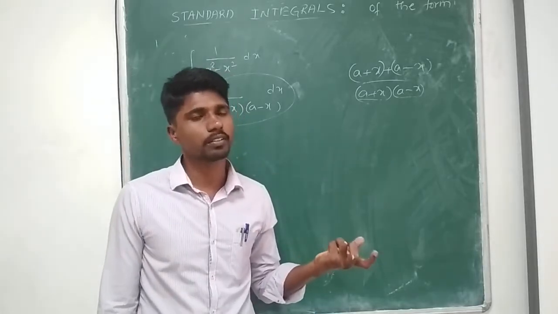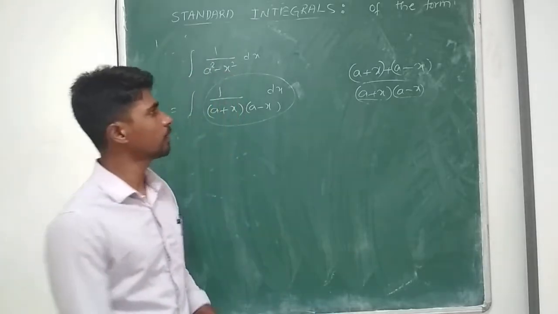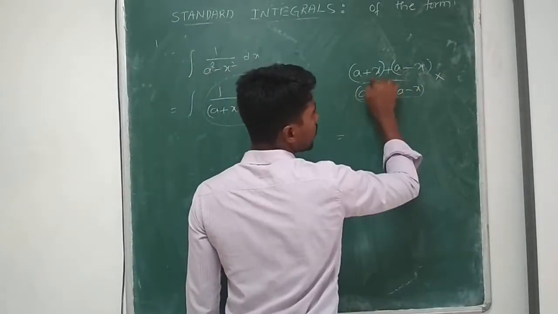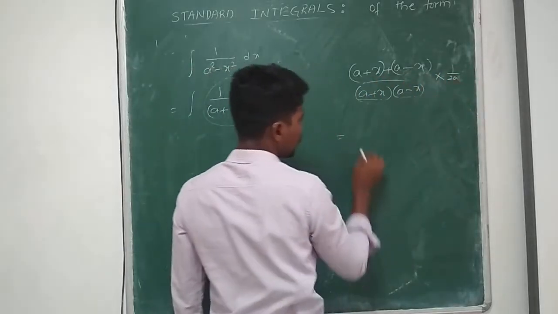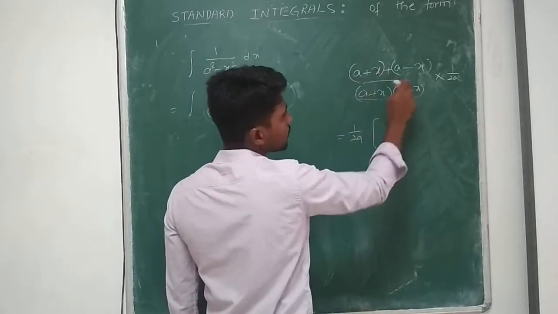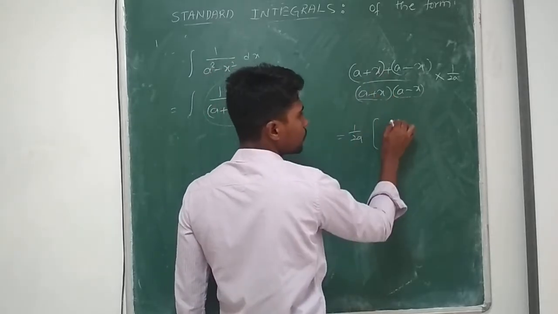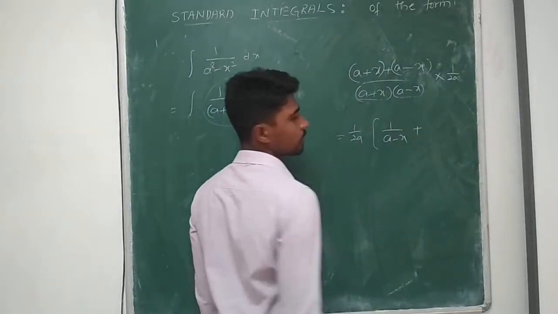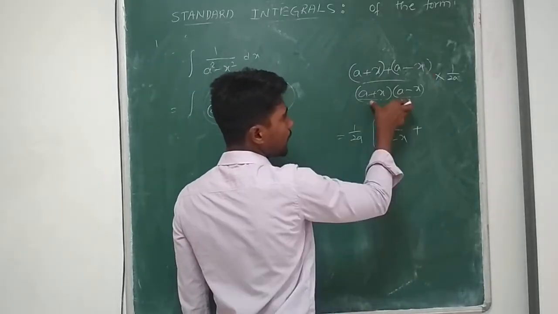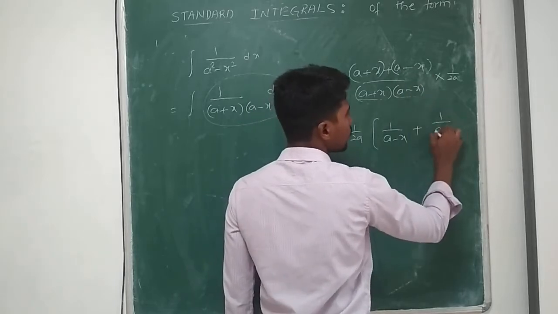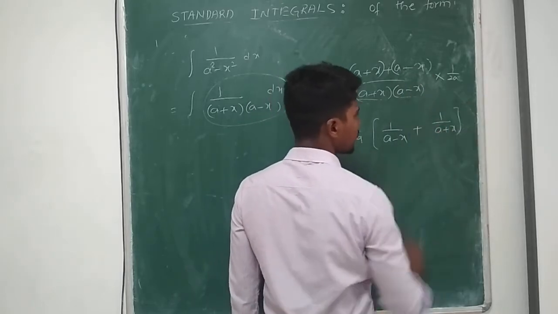It's a constant, so we can divide. Then this can be rewritten with 1 by 2a into a plus x by a plus x into a minus x, which is nothing but 1 by a minus x, plus a minus x by a plus x into a minus x. So a minus x gets cancelled, leaving 1 by a plus x.